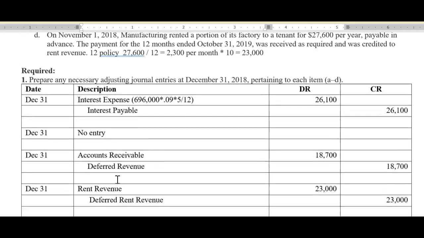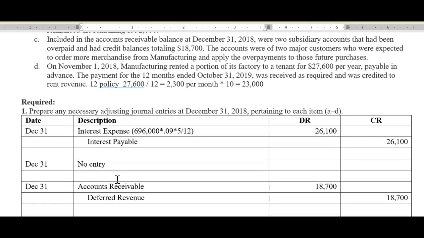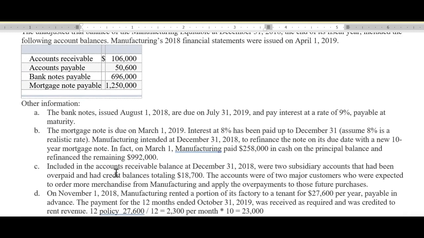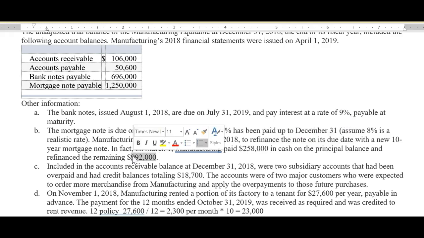Now the last thing is the mortgage. We've got to figure out which portion of this mortgage is current and which is long term. Well, the $1,250,000, it tells us they're going to make a payment of $258,000. That's the current piece. Since they're going to refinance this, and they actually did prior to the financials being published, the rest would be long term.